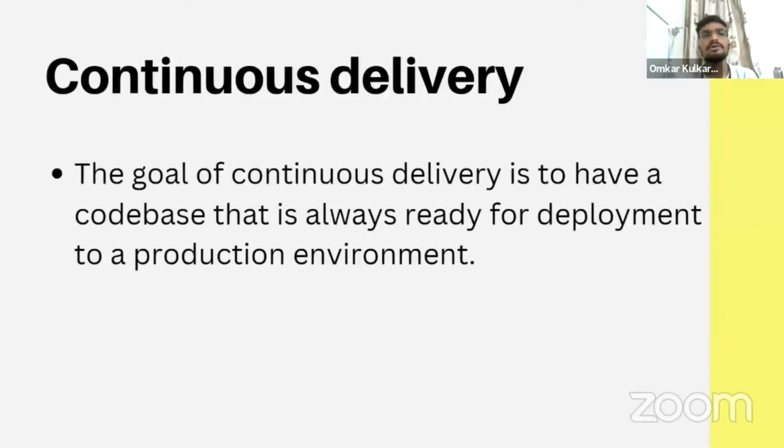Let's dive deep into continuous delivery. The goal of continuous delivery is to have a code base that is always ready for deployment to a production environment. This is the basic idea of continuous delivery.